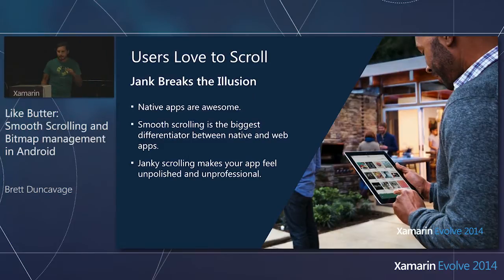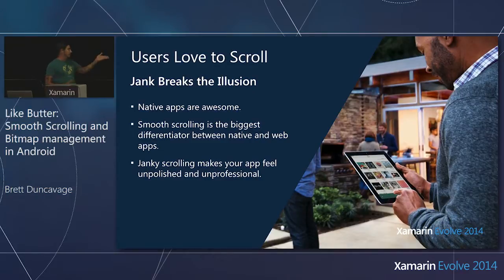We're writing native apps, right? That's the beauty of using Xamarin. We're not a web wrapper or anything like that. They're awesome, so let's make sure that we're leveraging the native app to be as smooth as possible.